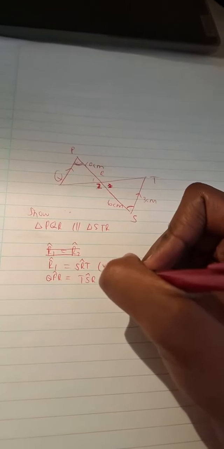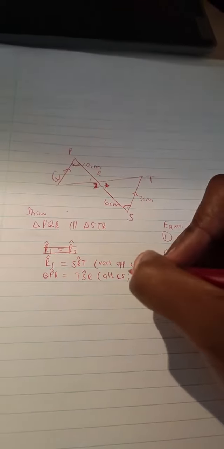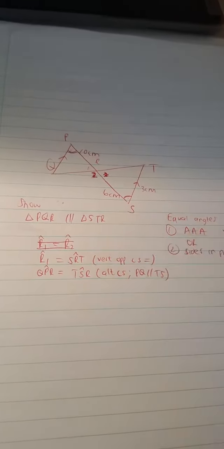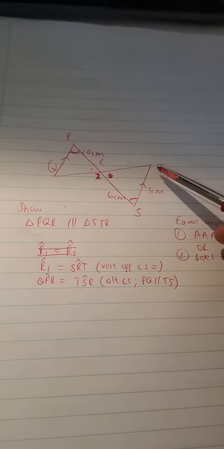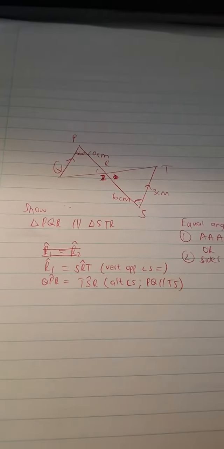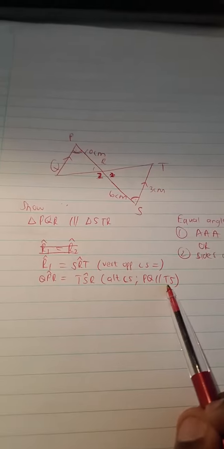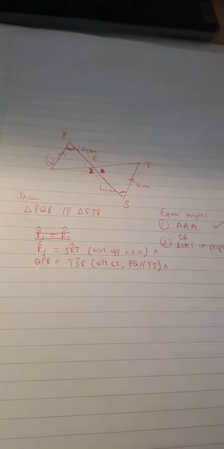The reason: alternate angles, and we state the lines that are parallel. PQ is parallel to TS. Don't forget the parallel lines, because if you do, you don't have a complete reason. This is my first pair of angles and this is my second pair of angles.